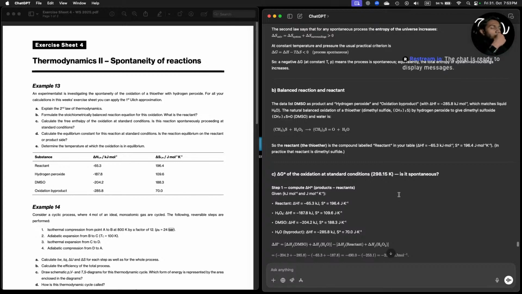Now, delta G of oxidation at the standard conditions, 298.15 Kelvin. Is it spontaneous? Is it though? I don't know. Step 1: compute delta H, product minus reactant.